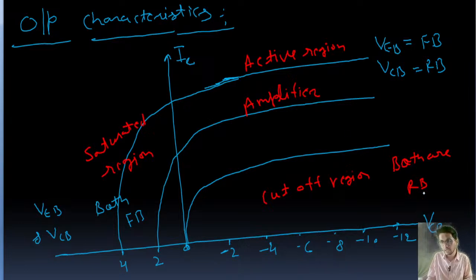In this case, both VCB and VEB are reverse biased. This is the saturation region, and in this case both VEB and VCB are forward biased. In the active region, which amplifies things, VEB is forward biased and VCB is reverse biased.